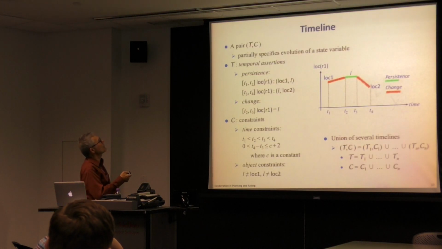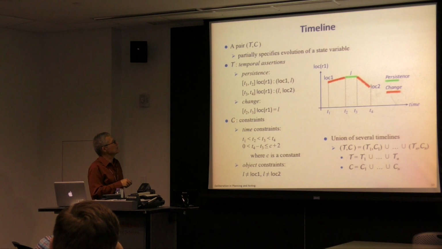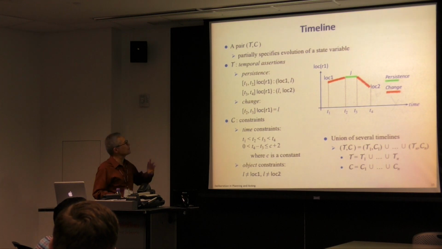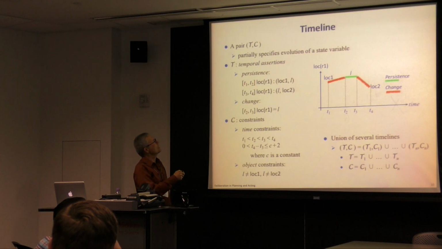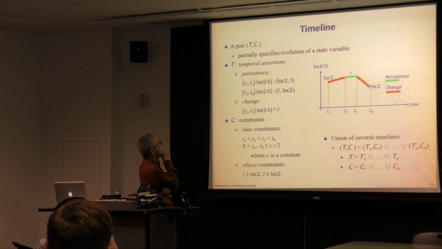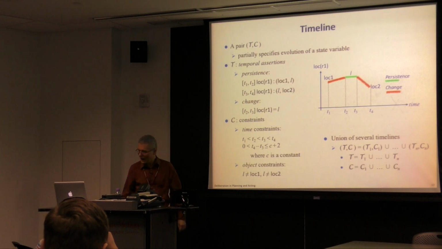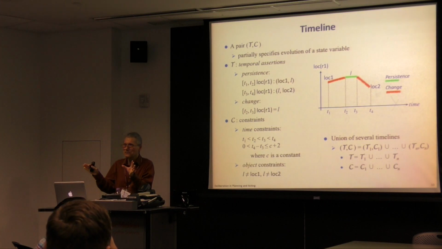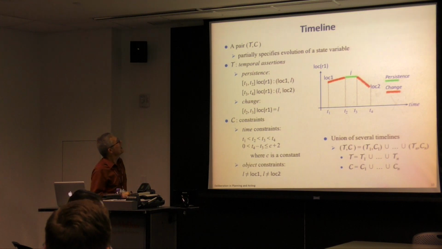So a timeline is a pair, T, C, where T is a set of temporal assertions and C is a set of constraints. A temporal assertion, there's two kinds. One is called a persistence condition. That is an assertion saying... I don't know what happened to these slides. I promise you I fixed all these errors just yesterday.